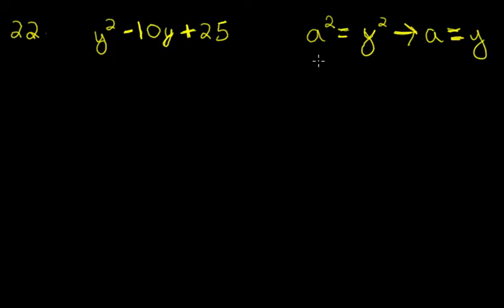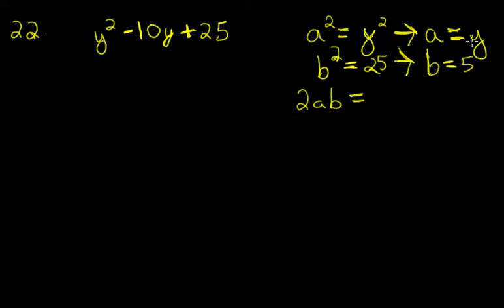And b squared is going to be 25, so plain old b would just be 5. Now, that 2ab, that middle term that we're hoping this is, would be 5y times 2. 5 times 2 is 10y.